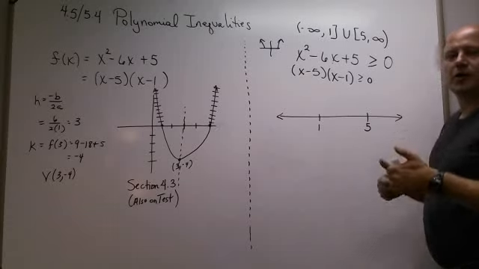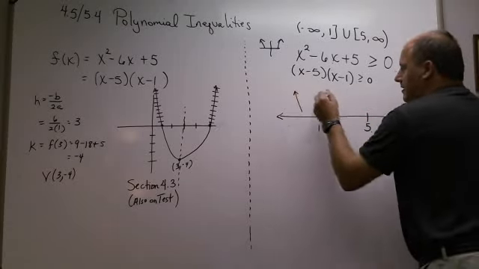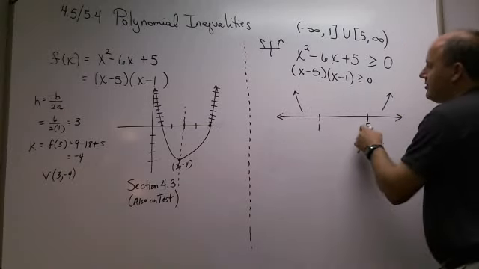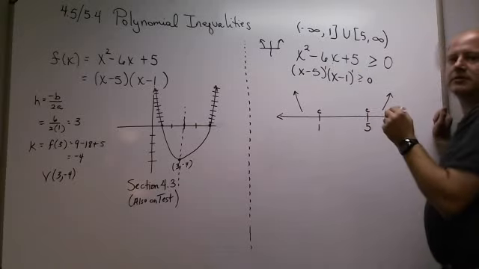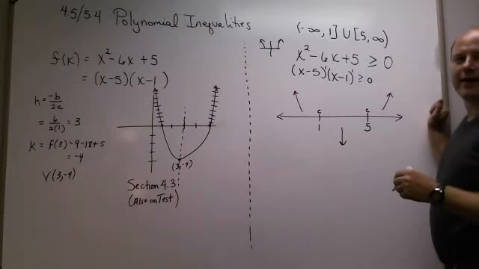So since both ends go up, on the extremes of the x-intercepts, it's got to be up in here and up in here, which basically means since these are x-intercepts and they have odd degree, they cross. So if they have odd degree, it's down here between the numbers 1 and 5.